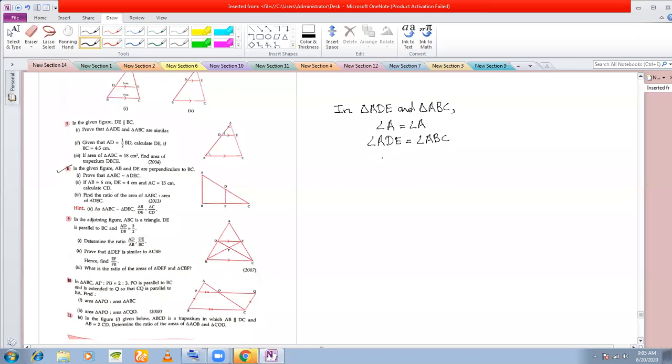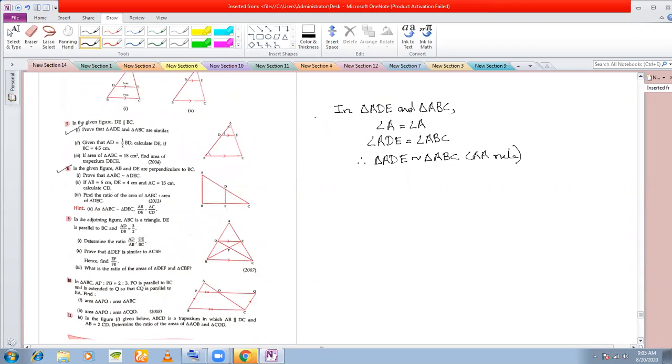That means the blue angles, ADE and ABC, are the blue angles. Therefore, triangle ADE is similar to triangle ABC. This is by the angle rule. Okay. First part is done. We have proved the similarity of the triangles.